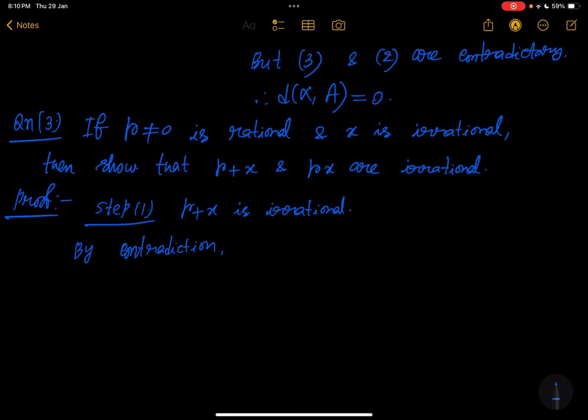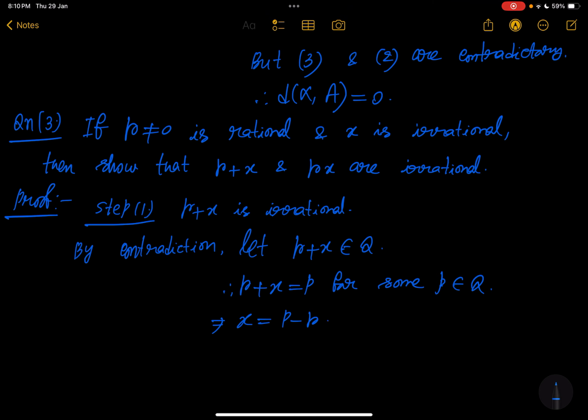what does it mean? If r plus x is rational, let r plus x belong to the set of rational numbers, then r plus x equals p for some p belonging to Q, and that says that x equals p minus r.